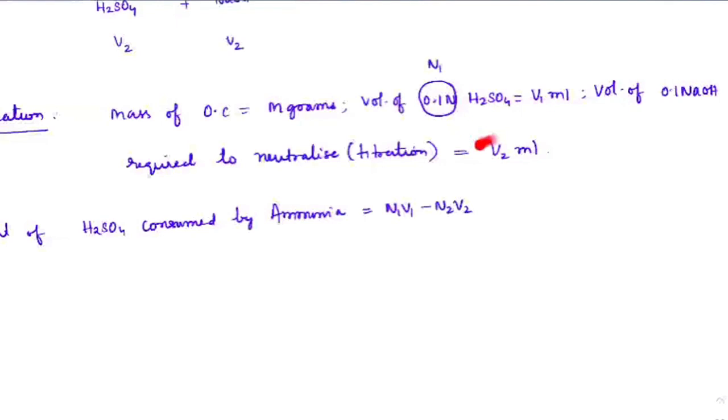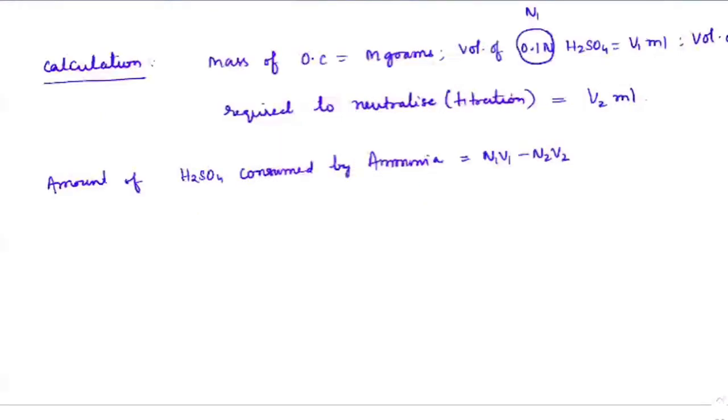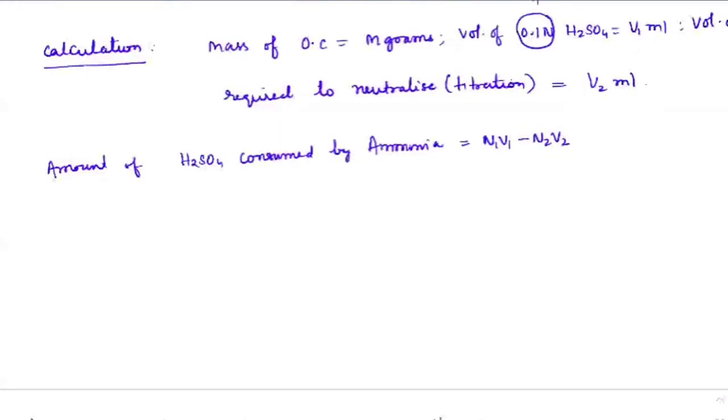So N2 into V2 will be the equivalents of NaOH utilized to neutralize H2SO4. If you subtract that from the initial equivalents of H2SO4, those are the equivalents used for consuming ammonia.